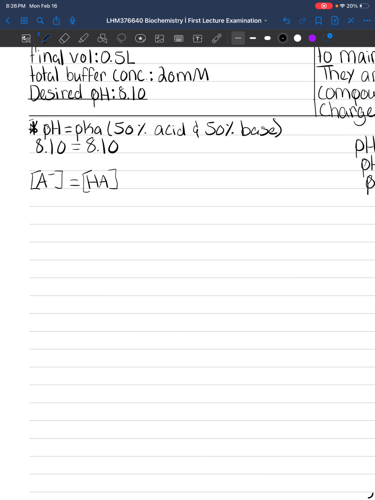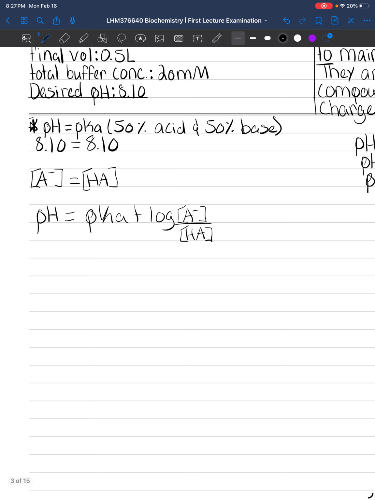So the formula will go like this. We use the Henderson-Hasselbalch formula: pH equals pKa plus log of A minus over HA.